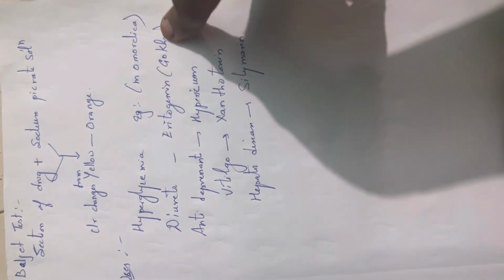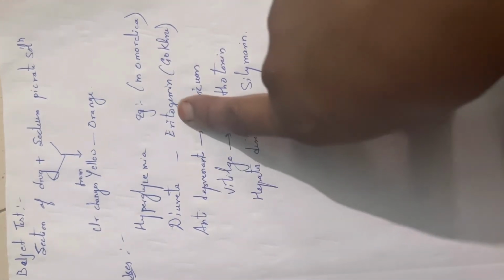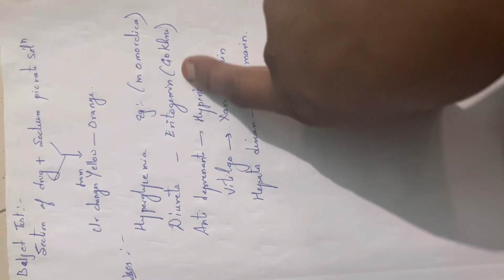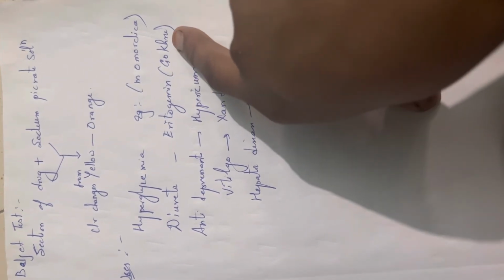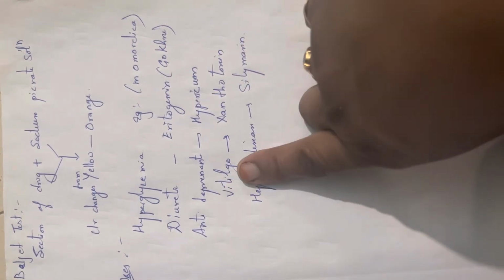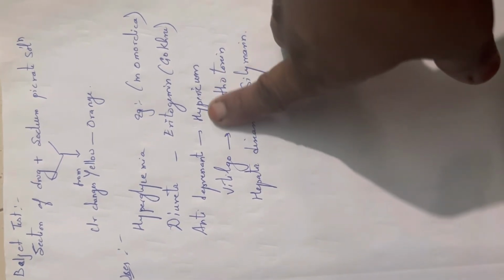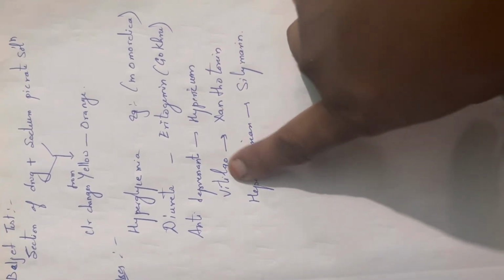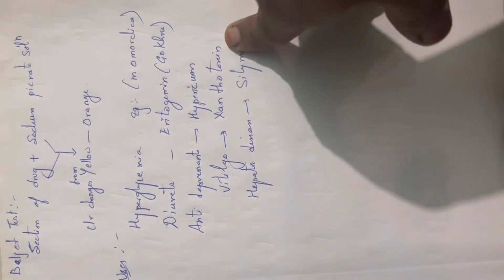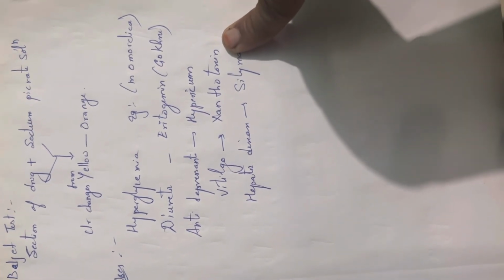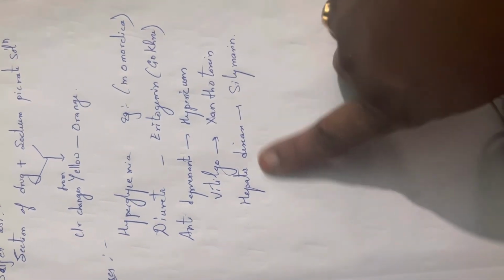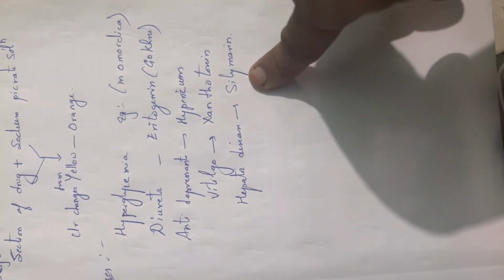As a diuretic we have erythrogenin, obtained from gokhru. For antidepressant we have hypericum. For vitiligo we have xanthotoxin. For hepatic diseases we have silymarin.